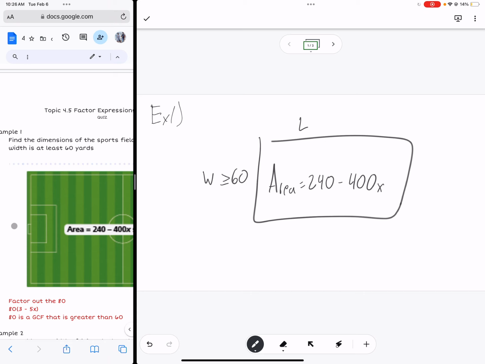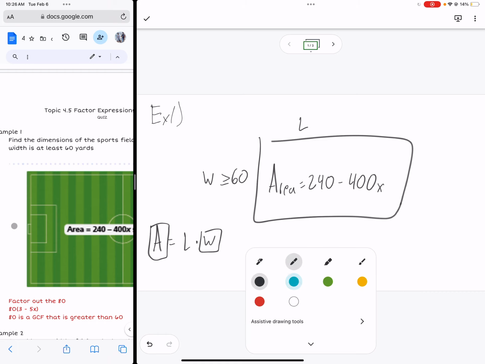So anybody, what is the equation for area? Area equals length times width. It's L times W, right? Without even plugging in numbers, using just our expression, using just our variables, if I am given area and I'm trying to find width, what operation would I be doing? Division, right? Because when you're given area, so for example, let's say I take another rectangle.